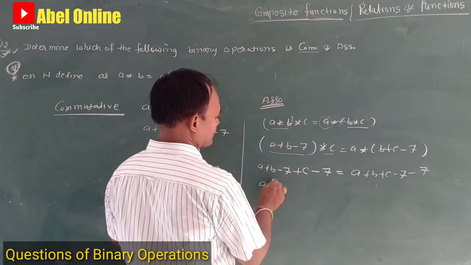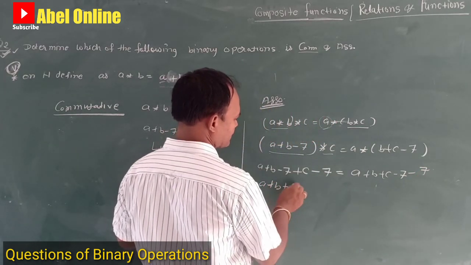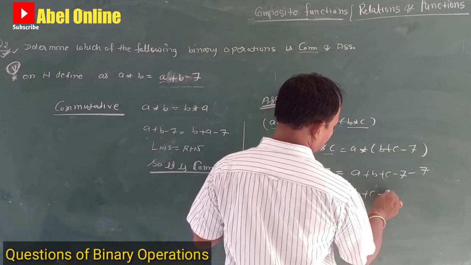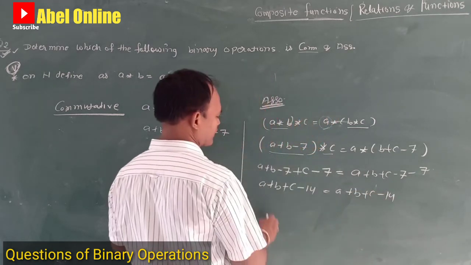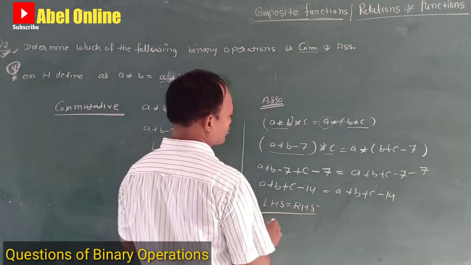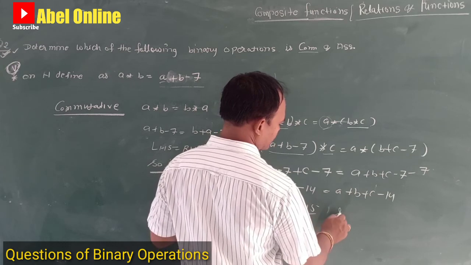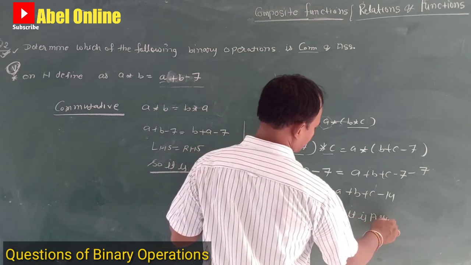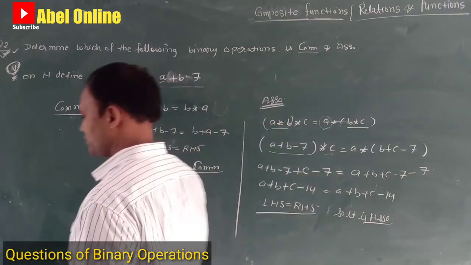So it is a plus b plus c minus 14 and here also a plus b plus c minus 14. So we can say that LHS equals RHS. So it is associative.